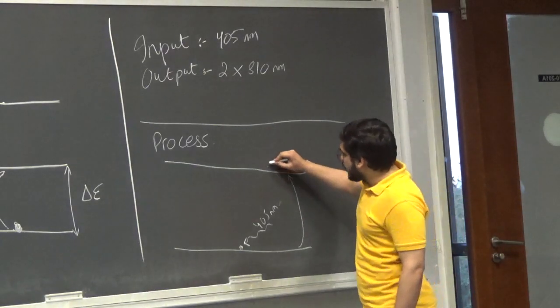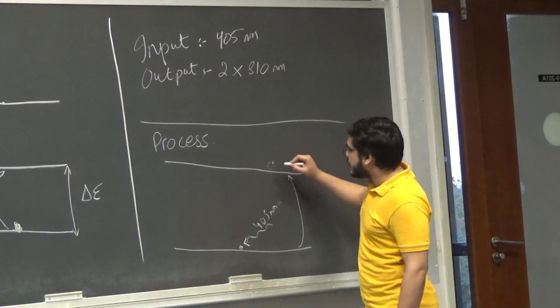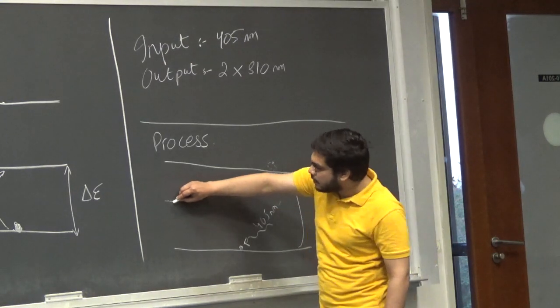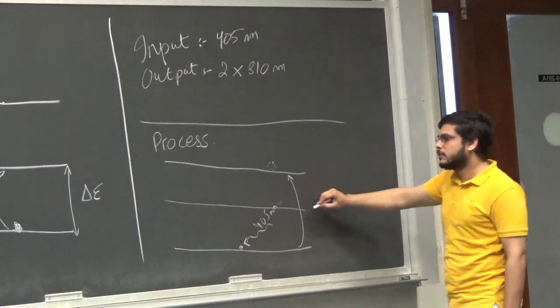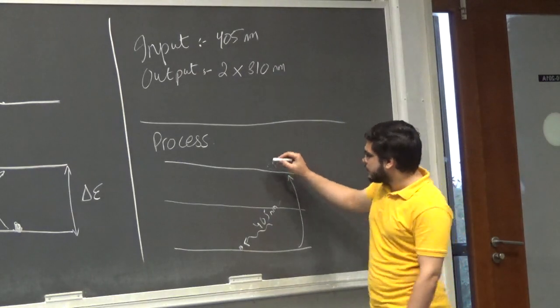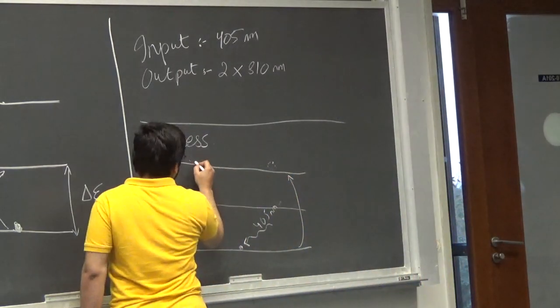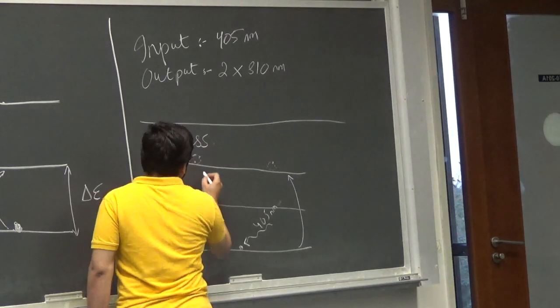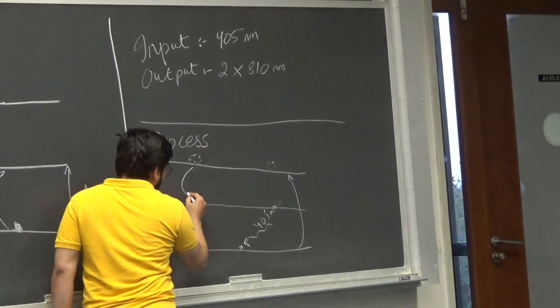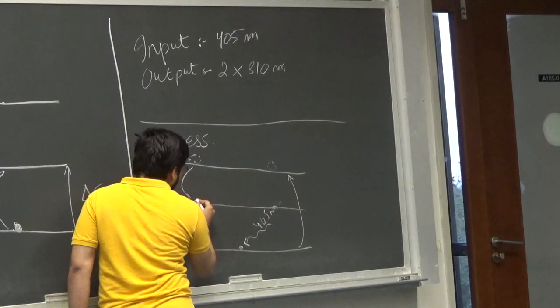But when it has to de-excite, it sees a couple of levels while coming down. When it comes down to this level, it will release a photon of 8-10 nanometer.